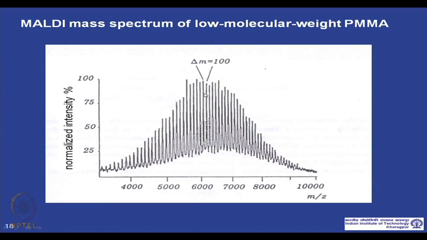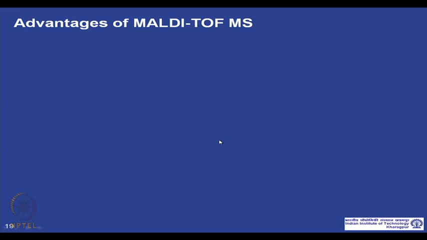So, you can exactly get the difference in the signals as the molecular weight of the repeat unit, and from this distribution different molecular weights like number average molecular weight, weight average molecular weight and other molecular weights can be directly obtained. So, this is an absolute technique, no calibration is required.